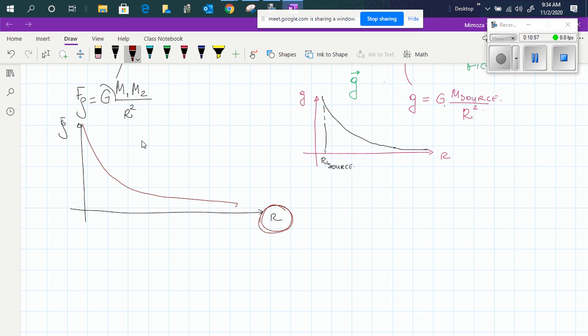We have to manipulate the horizontal axis, make it 1 over r squared, so that the graph will be a straight line, and the slope of the graph will be the product of the universal gravity constant and mass 1, mass 2. From here, as soon as we know what the slope is, we can find either the gravity constant or the product of the two masses.